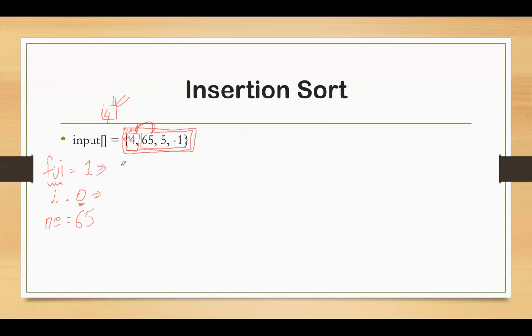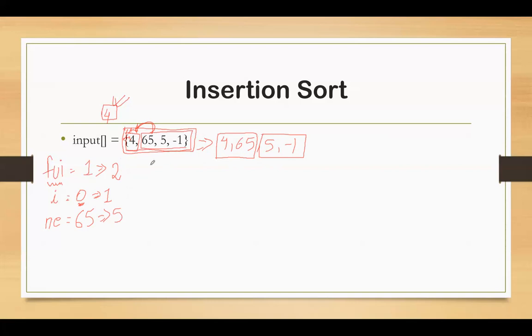The array will be 4, 65, 5, -1. Since 65 has moved to the sorted partition, we consider it part of the sorted partition, and this will be the unsorted partition. Then i becomes 1, first unsorted index becomes 2, and the new element will become 5.